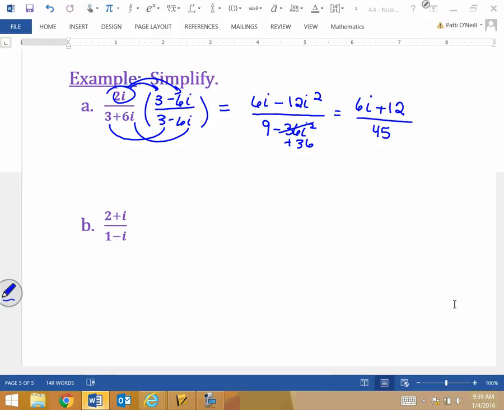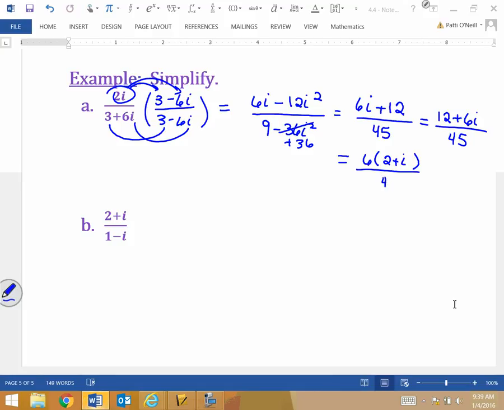And I'm going to inspect this a little bit further. We tend to like the real part written first. So I'm going to switch things around, but then I'm also going to look to see if I can simplify by reducing it all. I noticed that in the numerator, 6 is common as a GCF, so I'm going to pull that out and I get 2 plus i left.